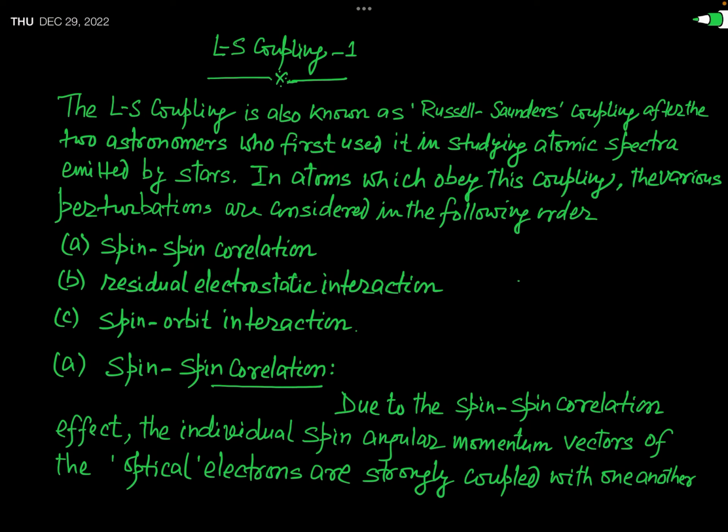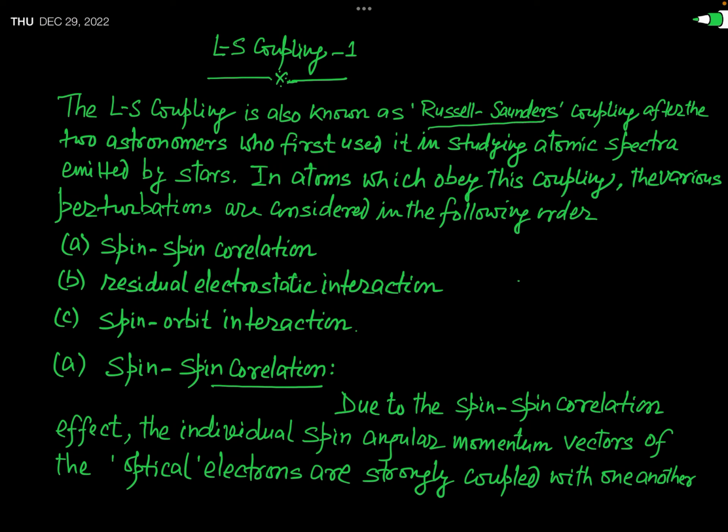This is very important. So in this regard, we are first of all going to discuss LS coupling. Actually, the concept of LS coupling will be dealt with not only in one lecture, it will need more than one lecture. So this is actually the first part of the lecture on the LS coupling. In fact, this LS coupling is also known as Russell-Saunders coupling.